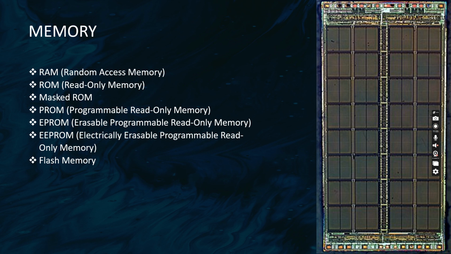And electrically erasable programmable read-only memory has access to each bit. We can erase and write each bit of the read-only memory. While with flash memory, we can also erase the memory, but we cannot access it bit by bit. We need to access it as a complete memory.